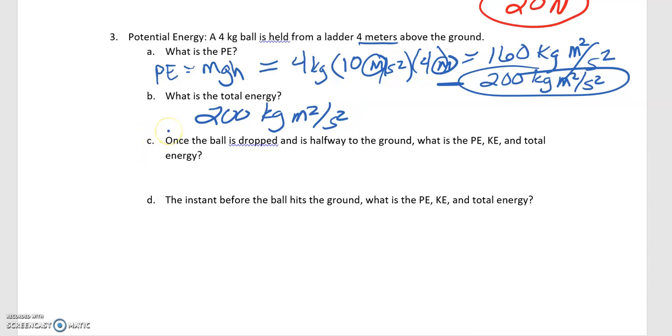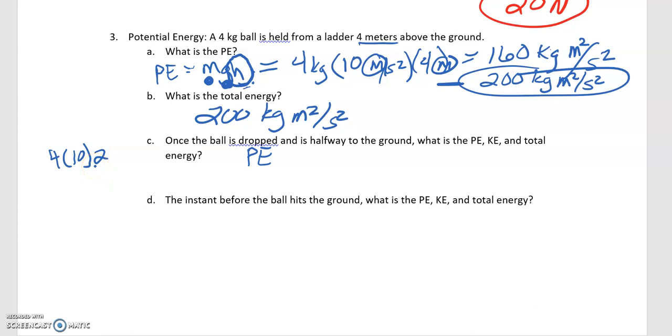Now, question C says, once the ball is dropped and is halfway down, what is the potential energy, kinetic energy, and total energy? Well, our potential energy, if we look at our formula, the mass doesn't change, the gravity doesn't change, the height changes. So the height is 1/2 what it was before. You could recompute it, taking the 4 kilograms times gravity times 2 meters, because it's halfway down, so now it's only 2 meters above the ground.